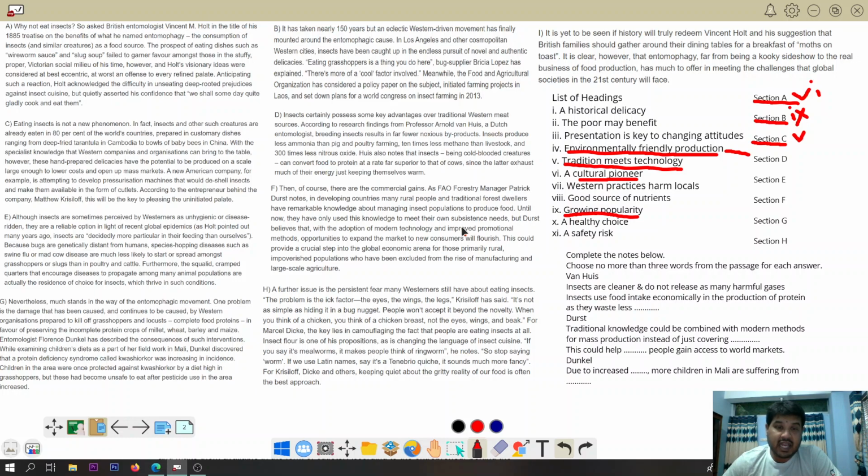Until now, they have only used this knowledge to meet their own subsistence needs. In the first couple of lines, he's saying that there are lots of places, especially in developing countries, where rural people already know how to manage these insect populations.